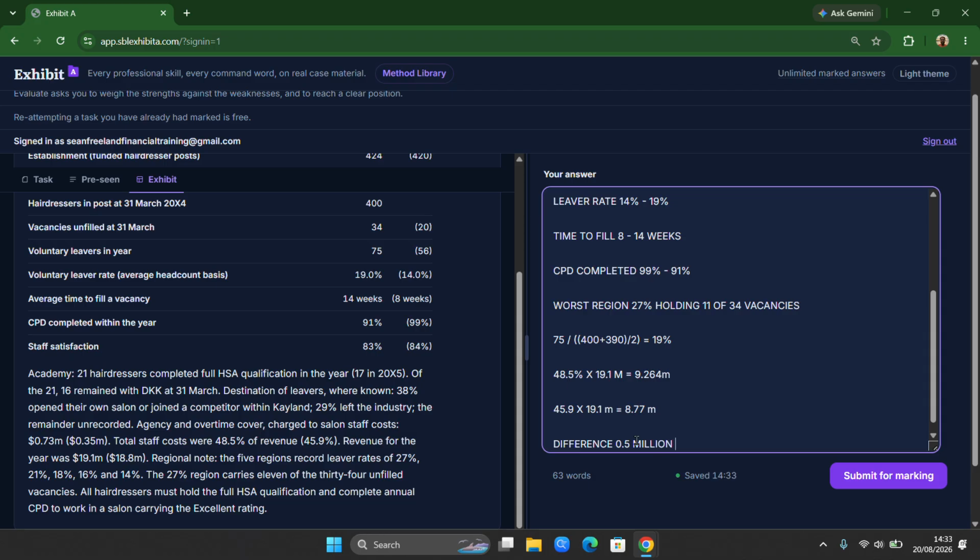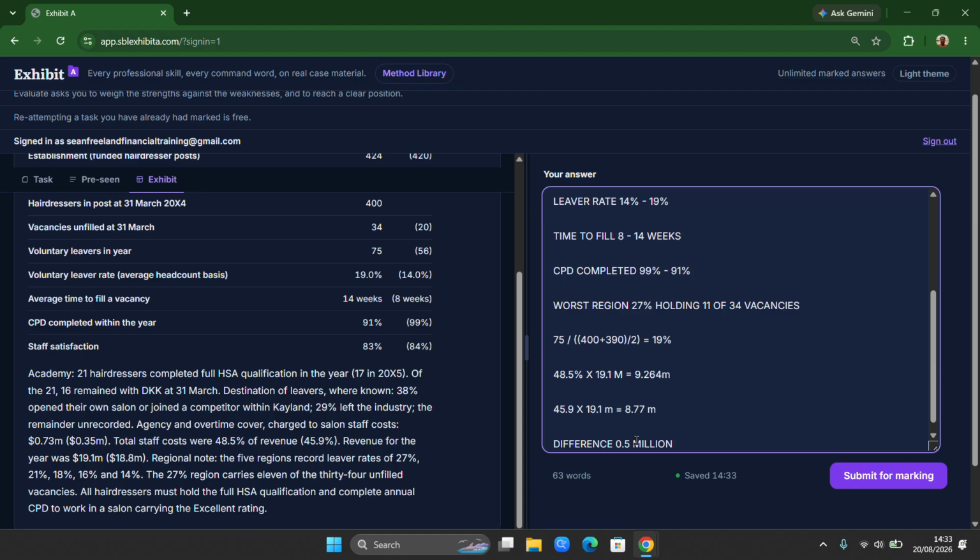Before I build anything, we need to understand these numbers. The exhibit says that the leaver rate is 19% on an average headcount basis, 75 leavers over an average of 395, so that's 19%, which reconciles. That's 10 seconds, and now I trust the number, so I can argue with it, because most people never check it.